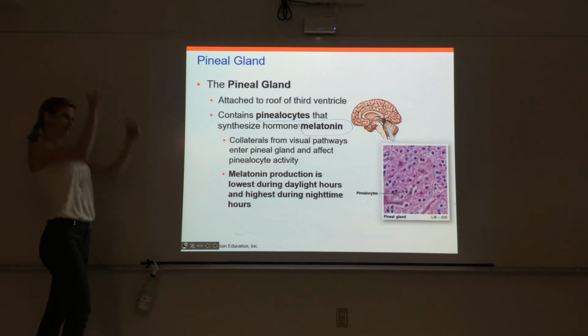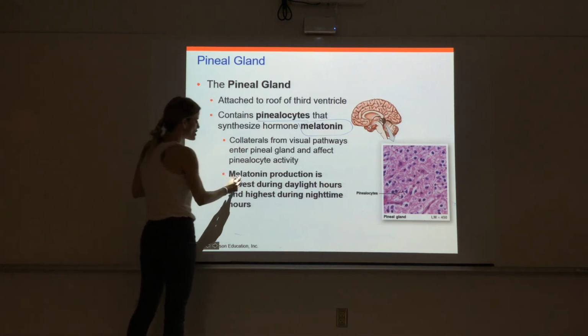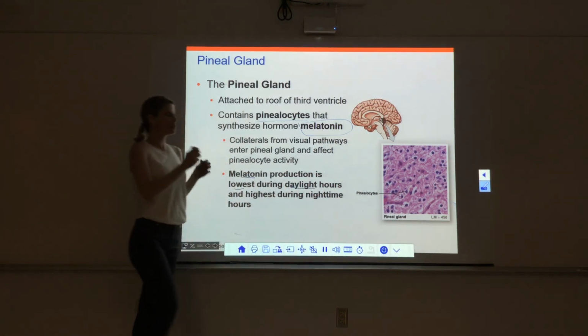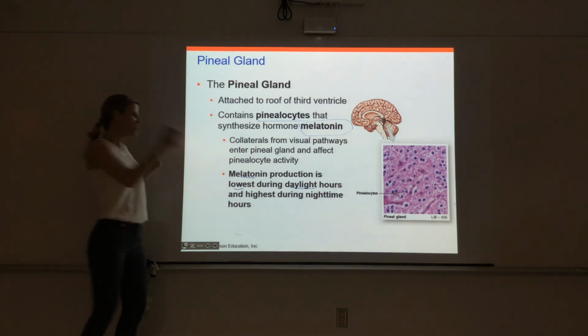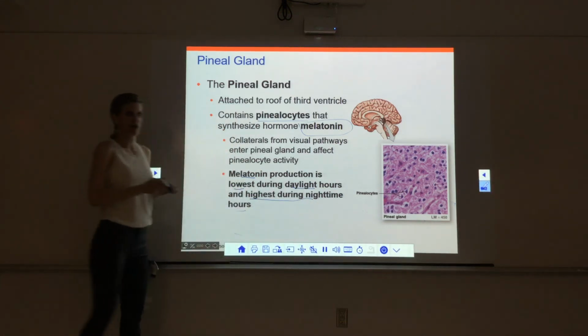What we see, and there's this opposite correlation, what we see is that melatonin production is lowest during daylight hours when those pathways are really, really active. So during the day, your visual pathways are super, super active, and that somehow inhibits the pineal gland. And then your melatonin production is highest during the nighttime hours.